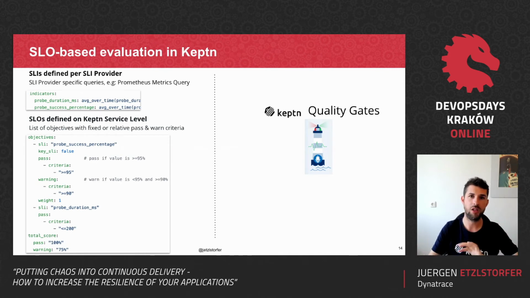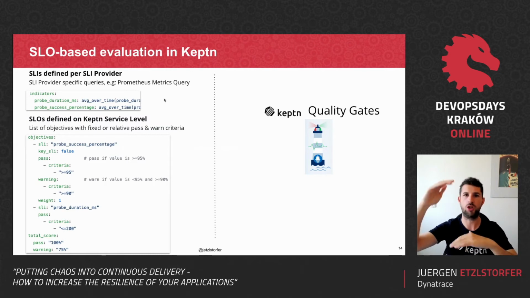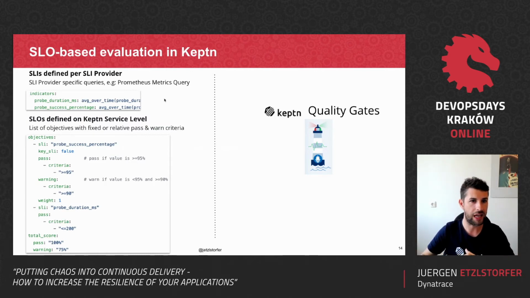So in Keptn, we are combining these two concepts. The service level indicator is really just a list of the metrics, and we can combine it with PromQL, with Prometheus queries, on how to fetch the data. And then we can use all of our service level indicators in the service level objective file.